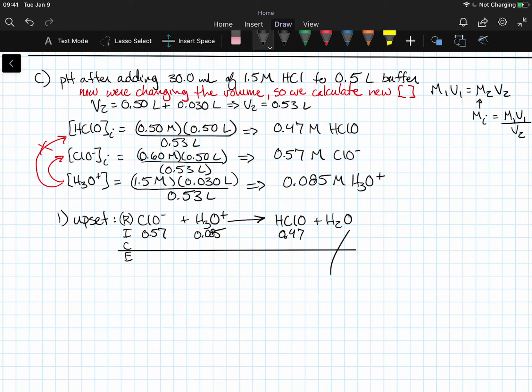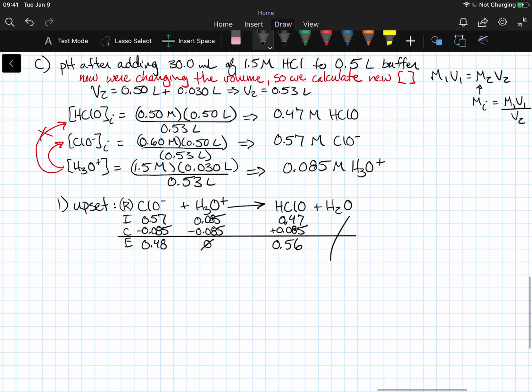It's a stoichiometric reaction, meaning that all of that H3O plus is going to react. So we lose 0.085 molar, and we gain 0.085 molar over here. So now at equilibrium we have 0.56 molar of the HClO, we have 0.48 molar of the ClO minus, and we have 0 H3O plus.